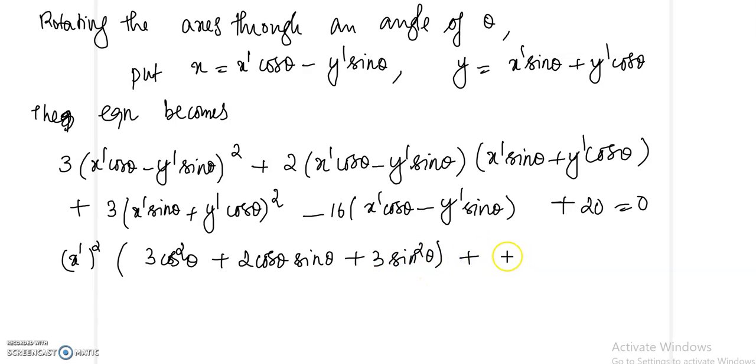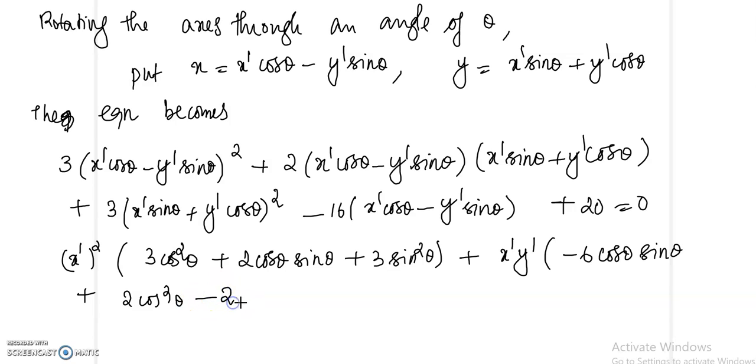Then the coefficient of x dash y dash will be minus 6 cos theta sin theta, then in the second term you will get 2 cos square theta minus 2 sin square theta, then from the third term plus 6 cos theta sin theta.